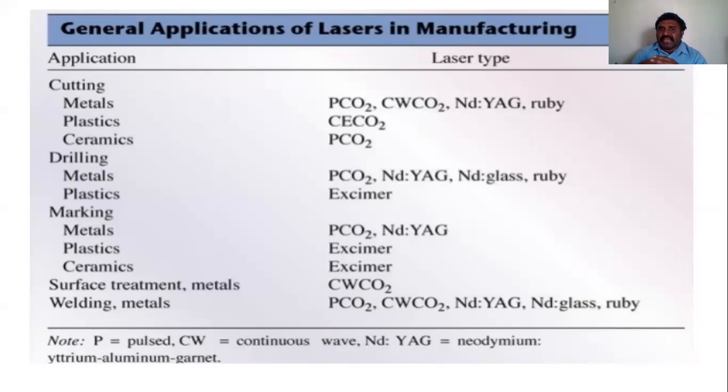Just now I mentioned laser type: it may be CO2, CW CO2, or neodymium, and we are using ruby crystal as well. Nd is neodymium, P means pulse, CW is continuous wave, and YAG is yttrium aluminum garnet.